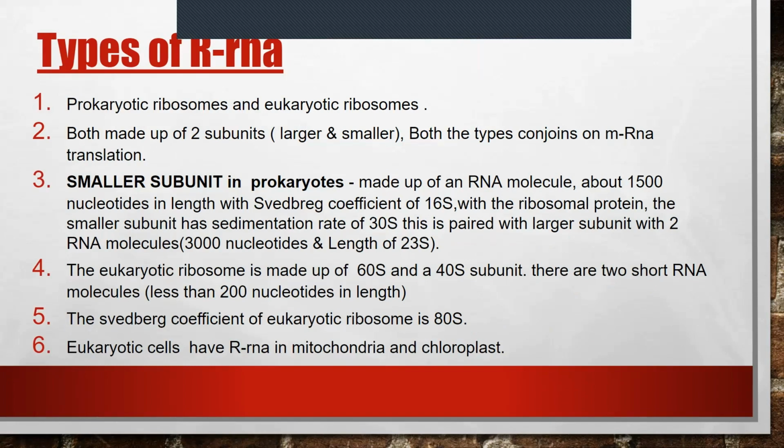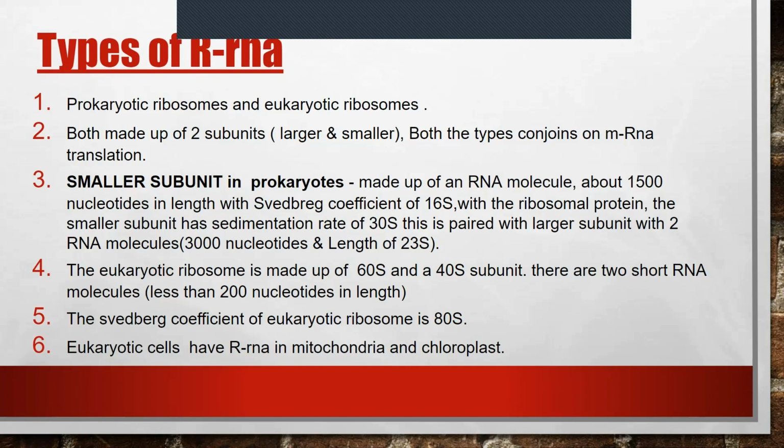The smaller subunit in prokaryotes is made up of an RNA molecule about 1500 nucleotides in length and 16 S Svedberg coefficient with the ribosomal proteins. The ribosome has a sedimentation rate of 70 S, and the smaller 30 S subunit is paired with the larger subunit with two RNA molecules, where you have 3000 nucleotides and 23 S, which is the Svedberg coefficient.